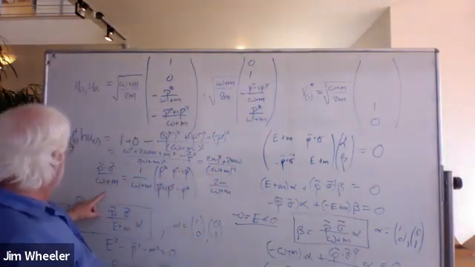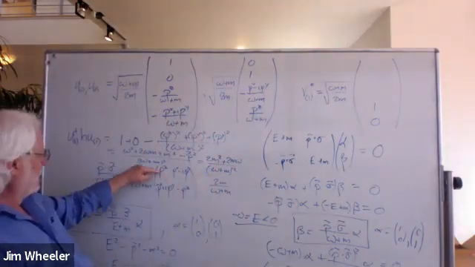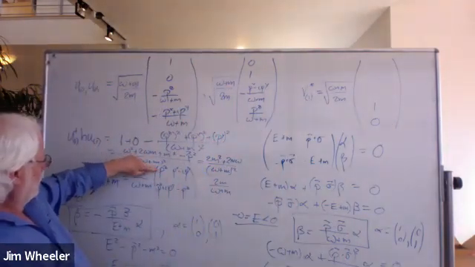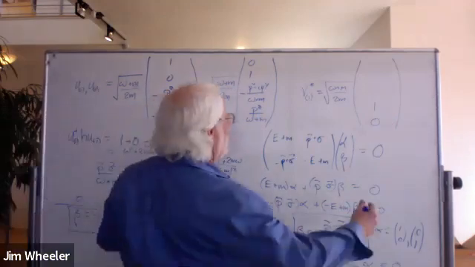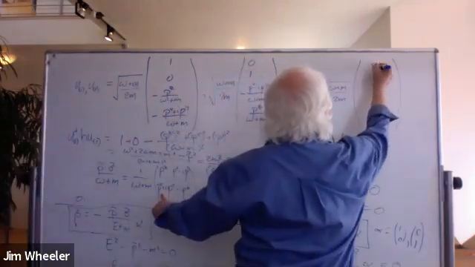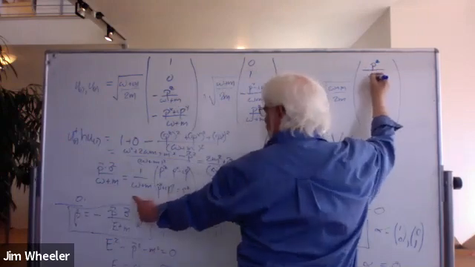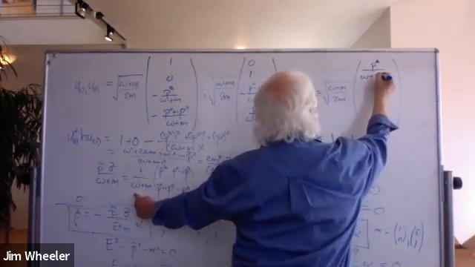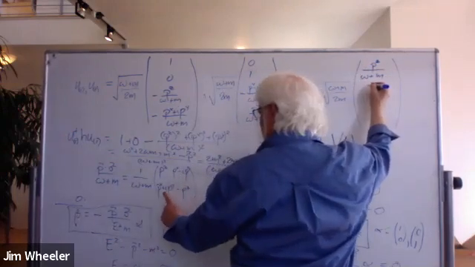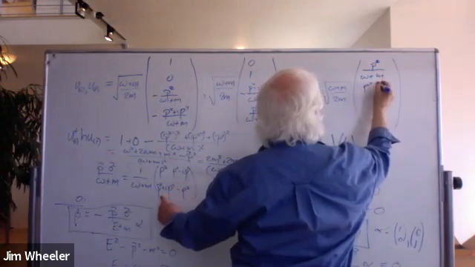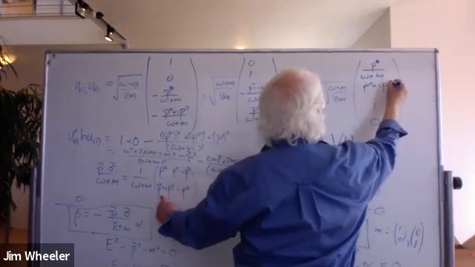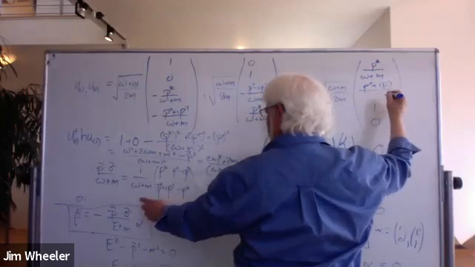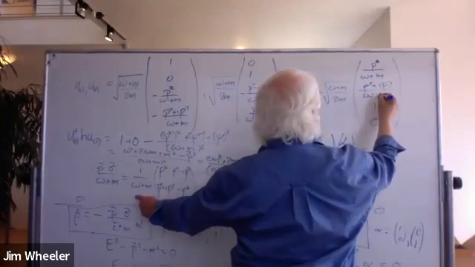And I wrote out p dot sigma over omega here, so we're going to get pz and px plus i py over that denominator: pz over omega plus m and px plus i py over omega plus m.